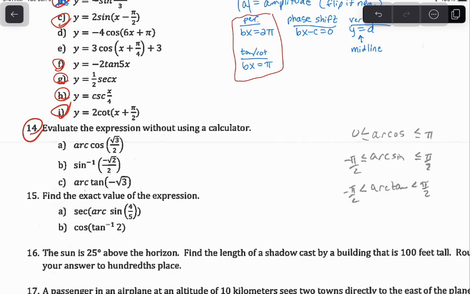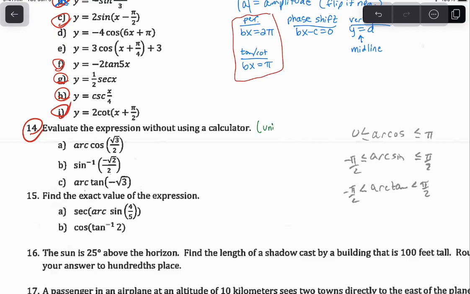So if we look at 14a, it is saying, where is the cosine square root of 3 over 2 between 0 and pi? Well, it's positive in the first quadrant, so our answer would be something from the first quadrant where the cosine is square root of 3 over 2. So you have to see how it says to use or evaluate the expression without a calculator.